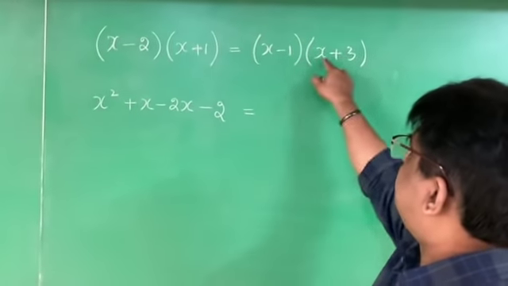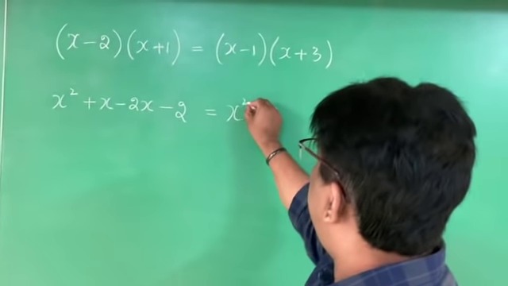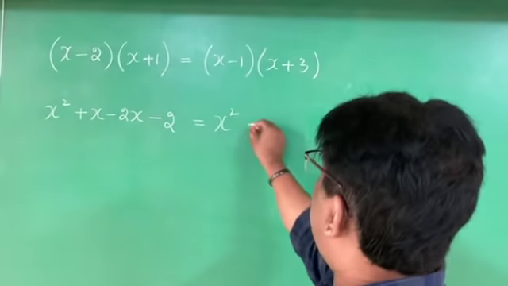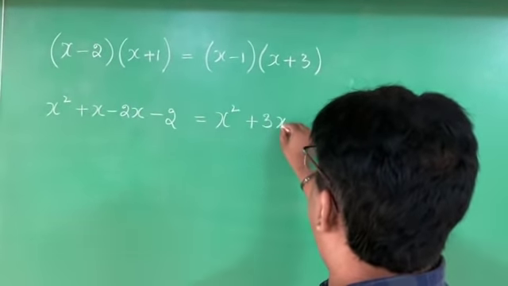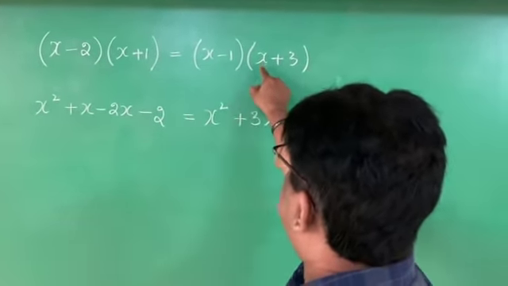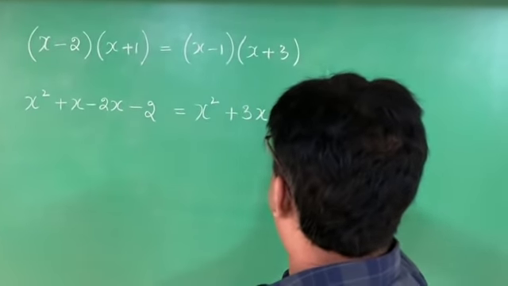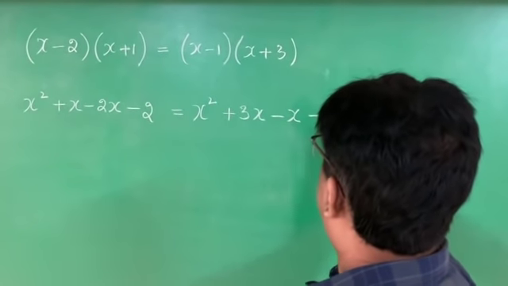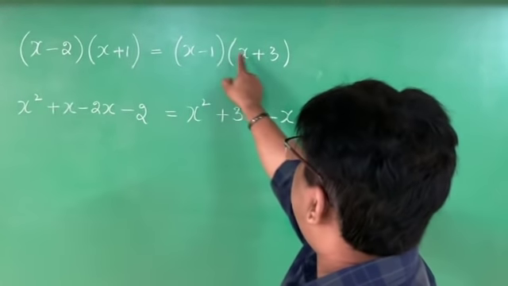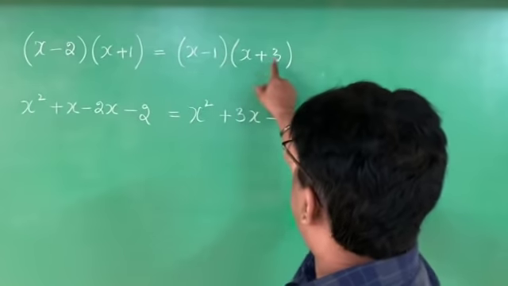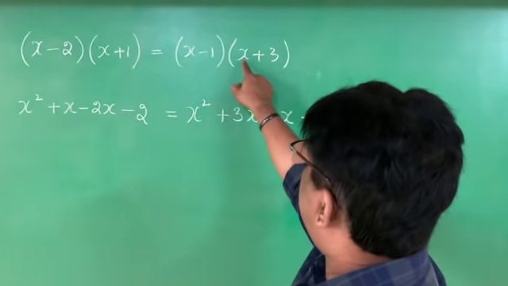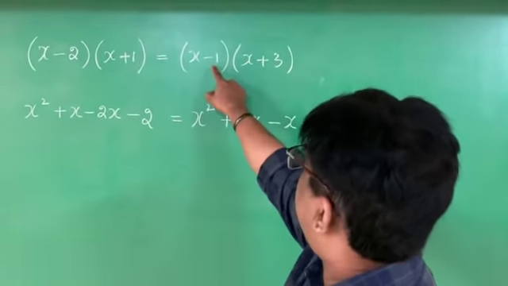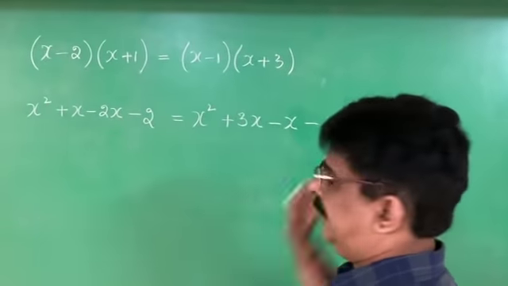Same method to be adopted for this RHS. First term into first term is x². First term into second term is 3x. Second term into first term is minus x. Second term into second term is minus 3. Means x into x, x²; x into 3, 3x; minus 1 into x, minus x; minus 1 into plus 3 is minus 3.